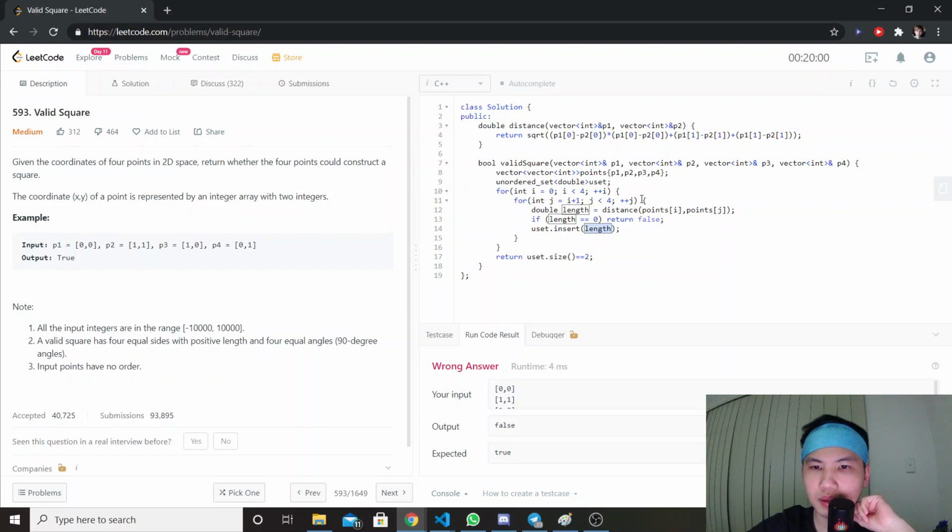IJ, double length equals 0. It seems right.